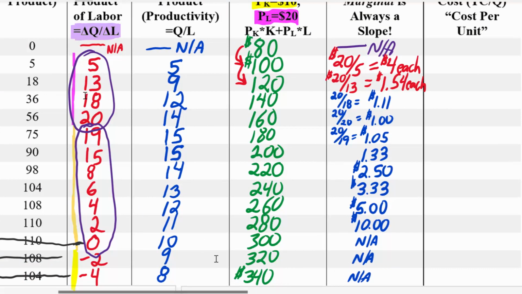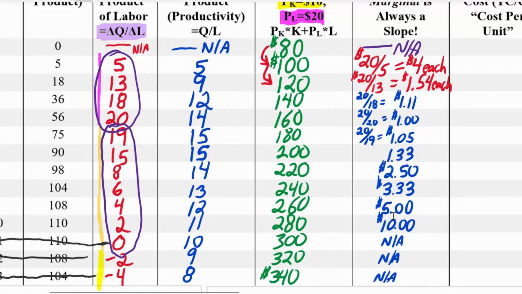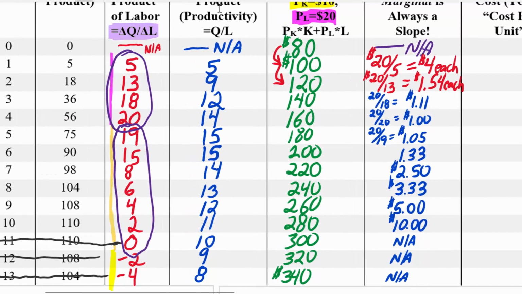So we're just taking 20 divided by 18, 20 divided by 20, 20 divided by 19, 20 divided by 15, etc. Until we get down here to the 11th and 12th and 13th worker, we can't take 20 divided by 0. That just doesn't make any sense.